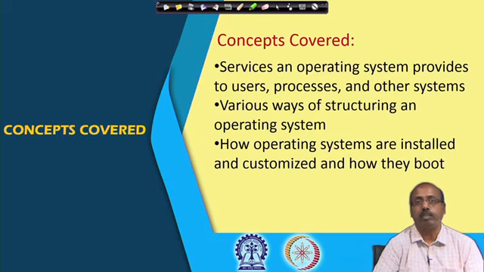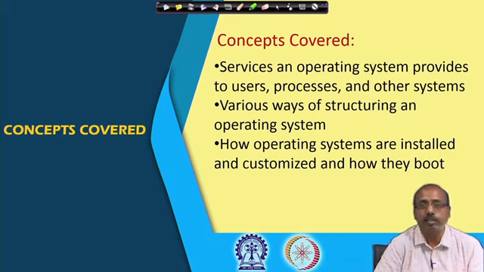Like on a network, there is a client-server situation, where the server gets requests from the client operating systems, and when they request some content of some files or some database or some such service, then that comes as a service request, and the operating system of the host computer must respond to that. So, that way it provides service to other systems.